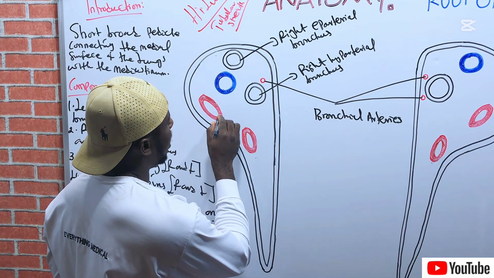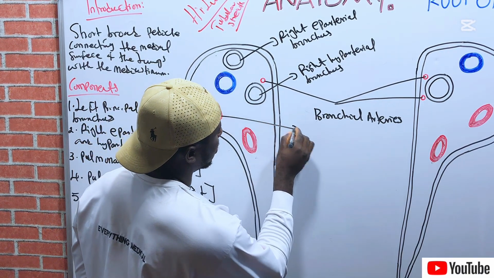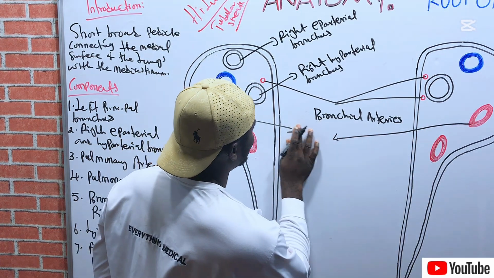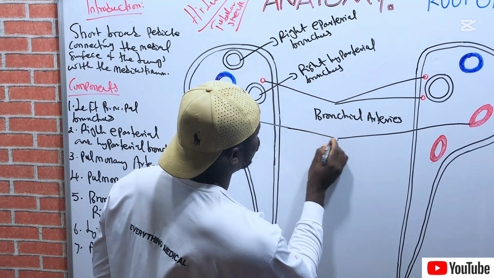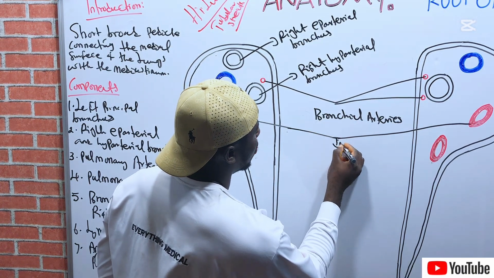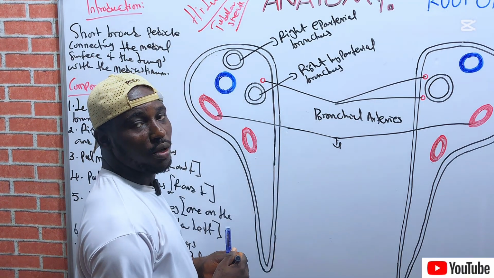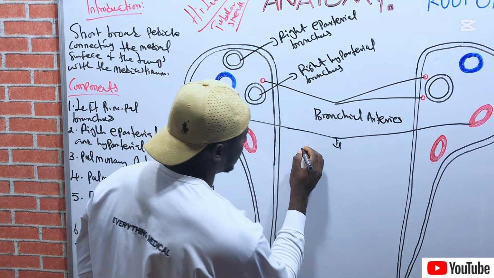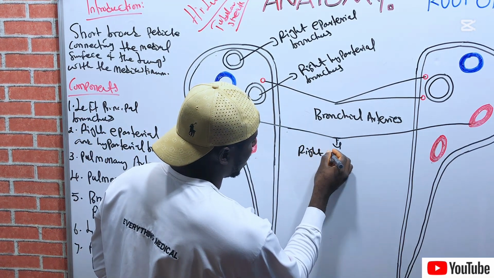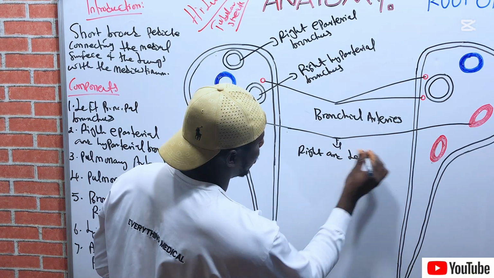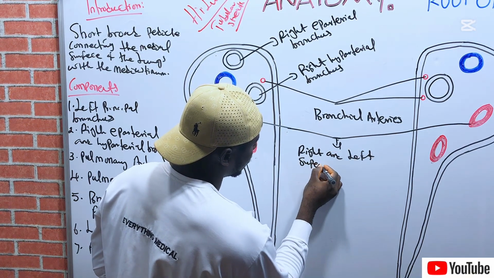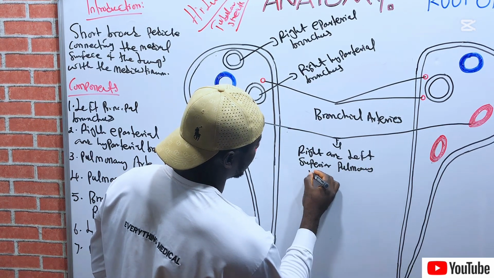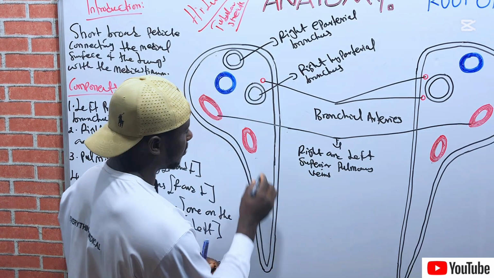We have our superior pulmonary veins, so the right and left superior pulmonary veins.